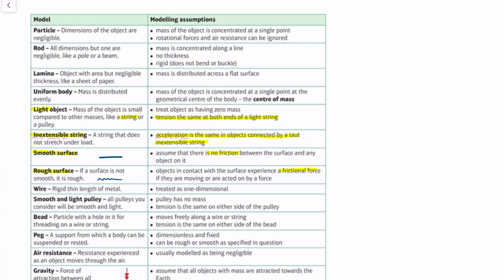The other one that I would say you should know is the small, smooth and light pulley. A light pulley has no mass, but smooth means tension is the same on either side. So this one is light, this one is smooth.